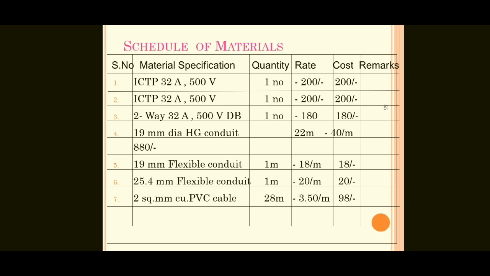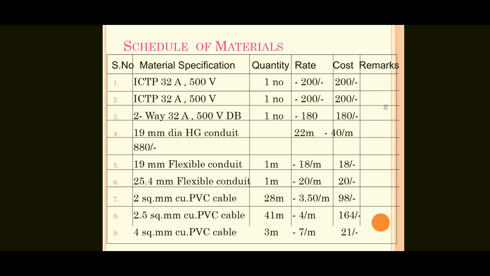Seventh one, 2 square mm copper PVC cable, 28 meters, 3.50 per meter. So the total cost becomes 98 rupees. Next one, 2.5 square mm copper PVC cable, 41 meters. So 4 rupees per meter. The total cost becomes 164 rupees.